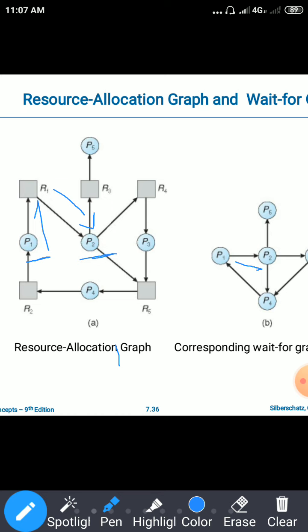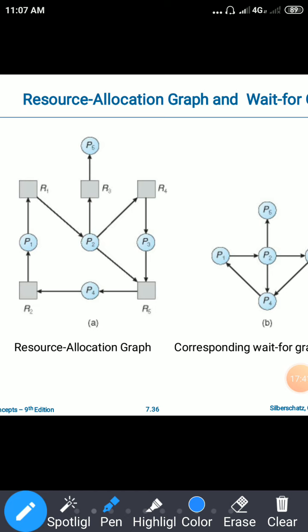There exists an edge from Pi to Pj in the wait-for graph only when there are two edges, Pi to R1 and R1 to Pj. If there are no edges through the resources in the resource allocation graph, then that will not be included in the wait-for graph.